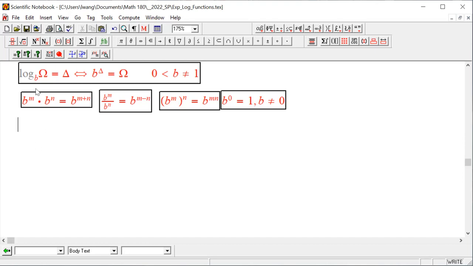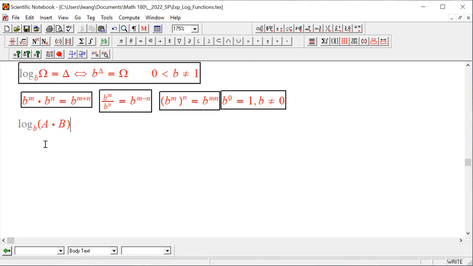For example, suppose I have log base b, where the base satisfies this condition, of A times B, and we multiply these two together.